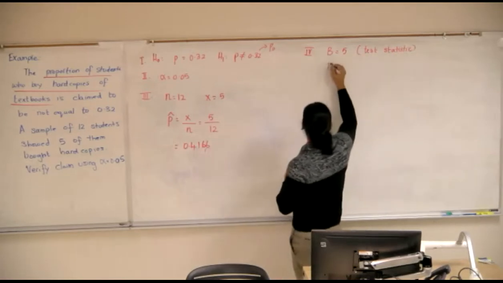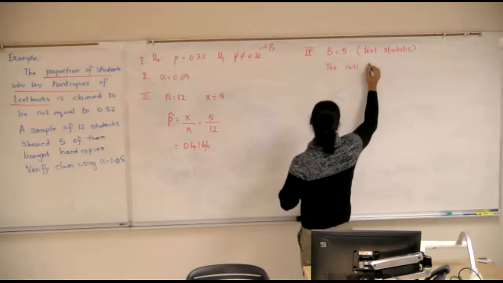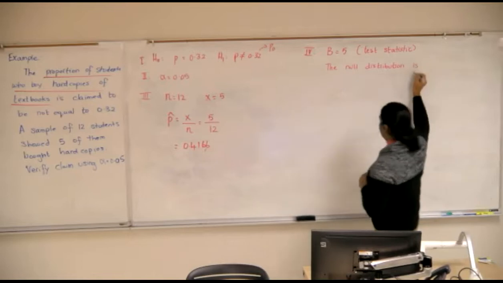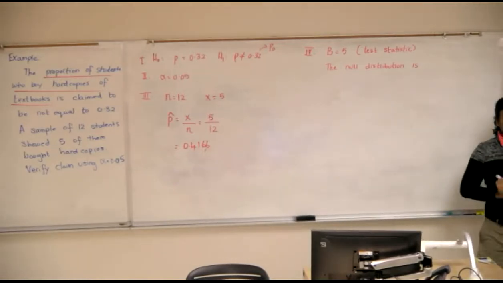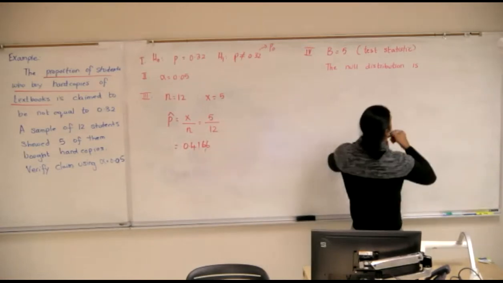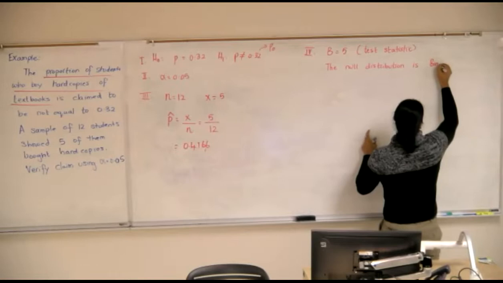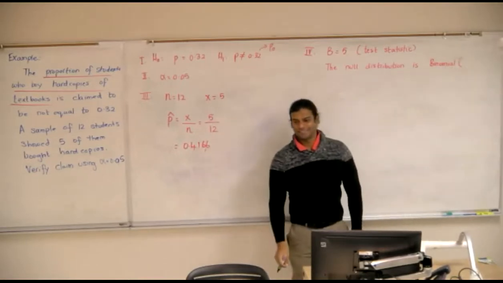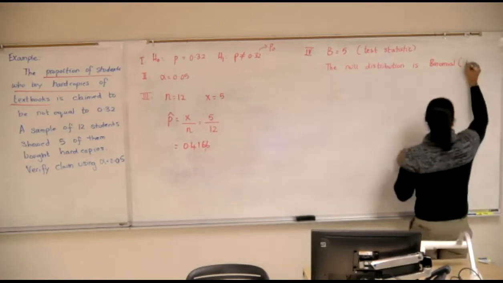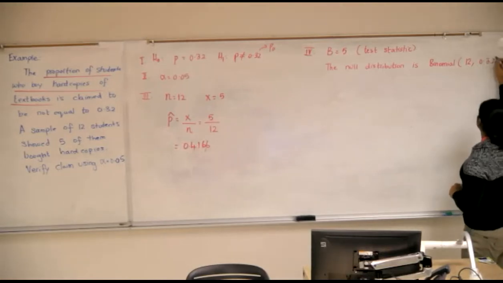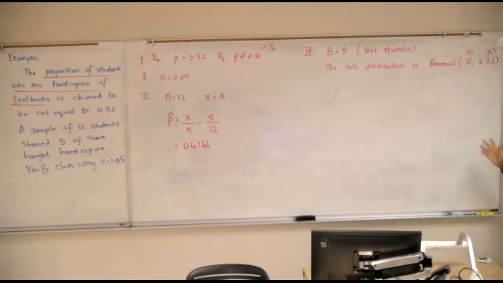For an exact test, the null distribution is binomial, with parameters 12 and 0.32, where 0.32 is P naught. So that is the null distribution.